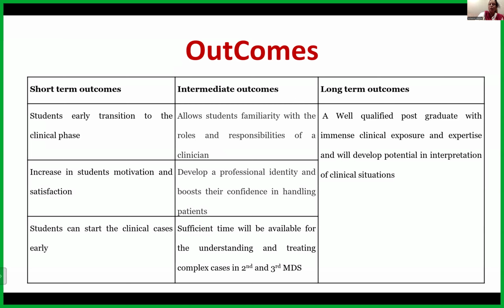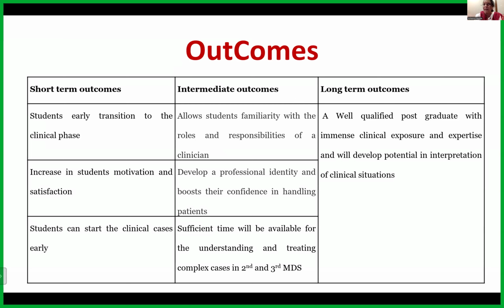Okay. So allow students, see, the intermediate outcome is envisioned by you. Coin the words properly. It's not just familiarity. Their role as a clinician. You are determining that it helps to determine the roles and responsibilities of a clinician.